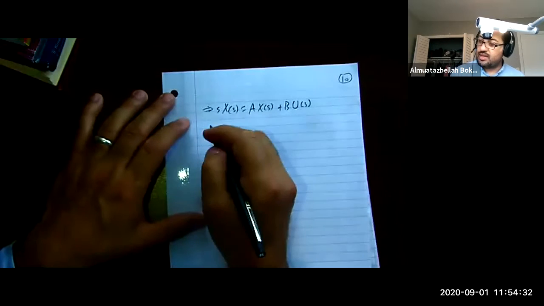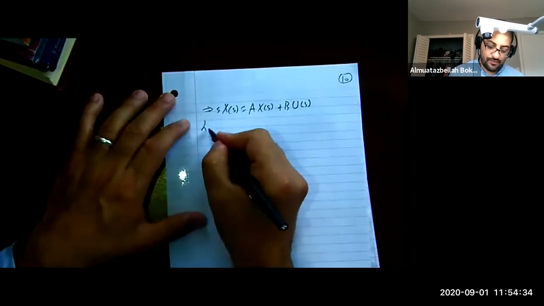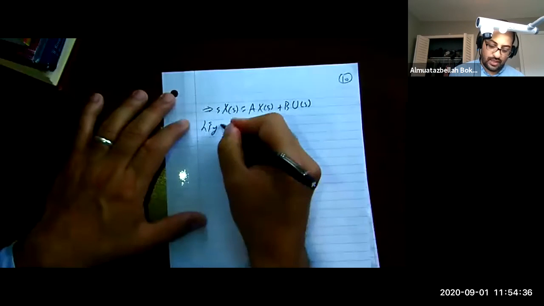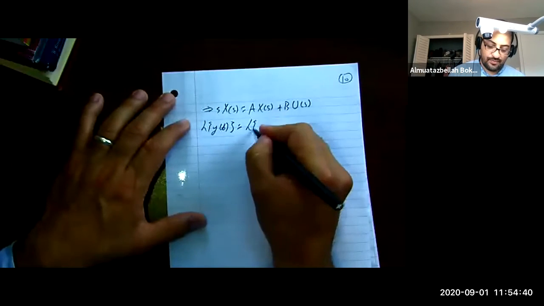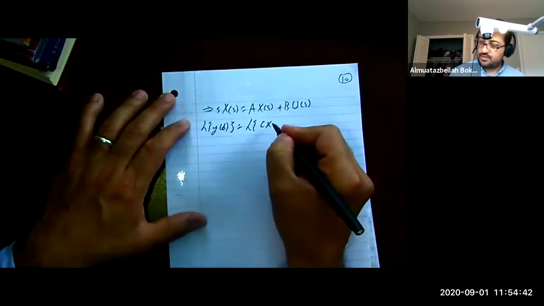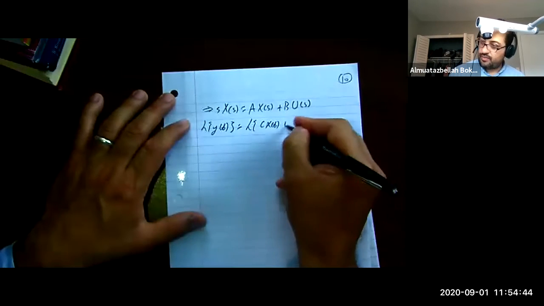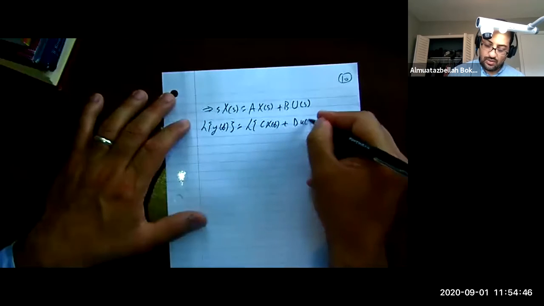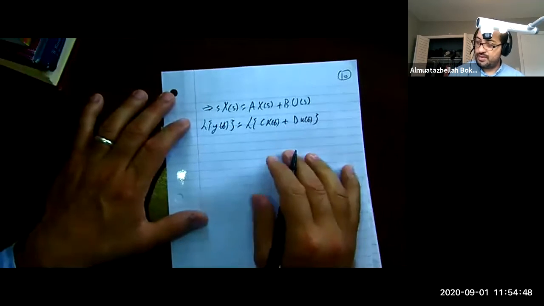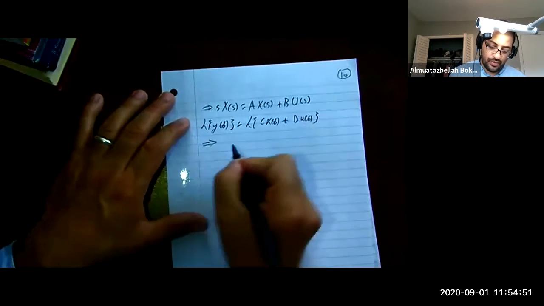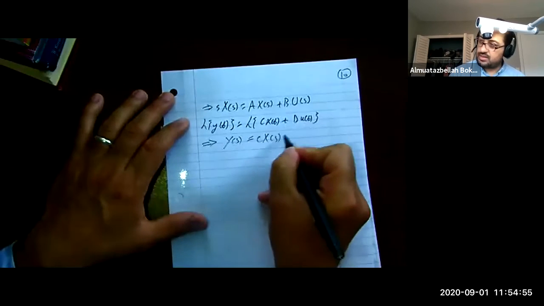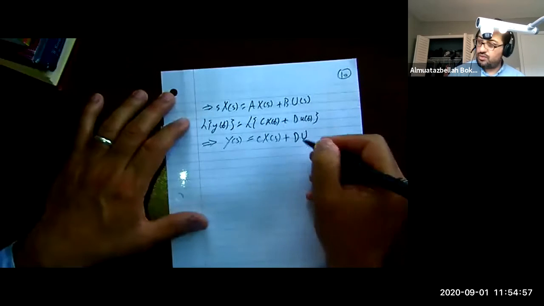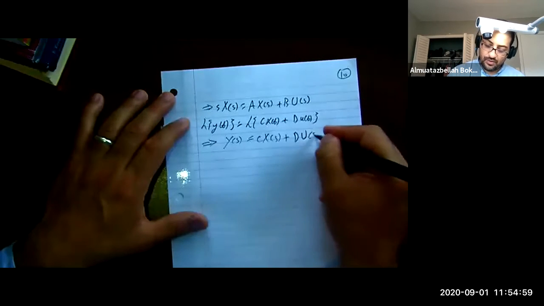And if you take the Laplace of y of t, you take the Laplace of the right-hand side, Cx of t plus Du of t, which leads to Y of s equal to Cx of s plus Du of s.